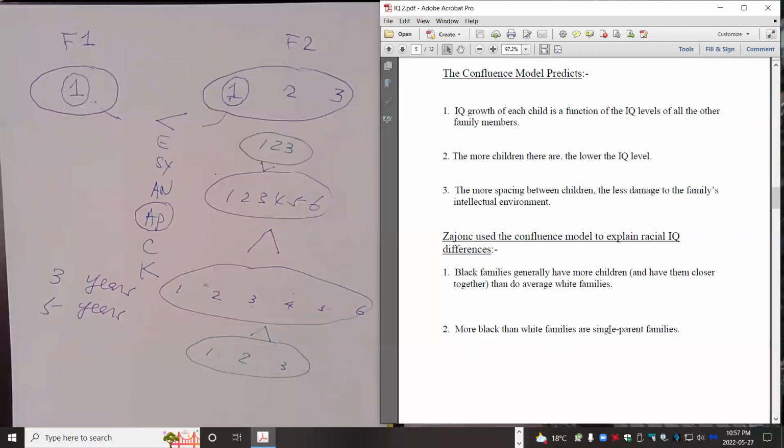More Black than white families are single-parent families, and this is also true. Now, let's go back to think about the residential school. They forcefully took children away from their own parents and put them into residential schools. That is something so pathetically insane, for the government to have this kind of discriminatory policy.